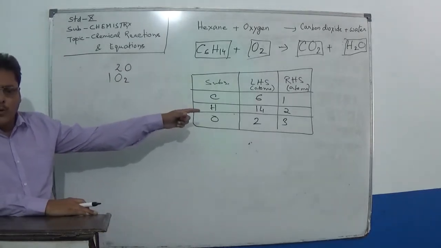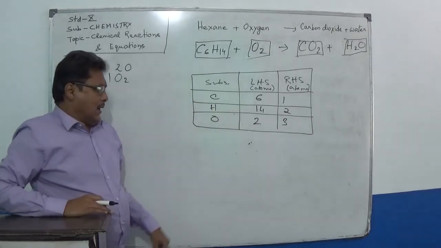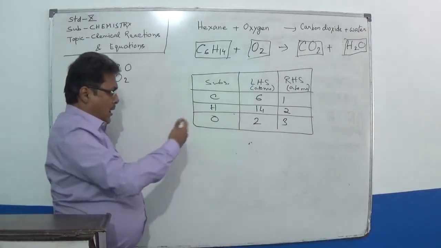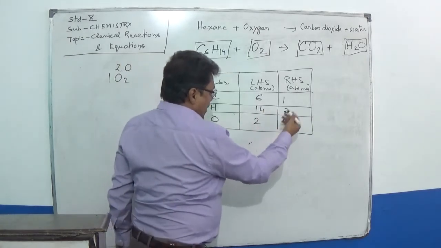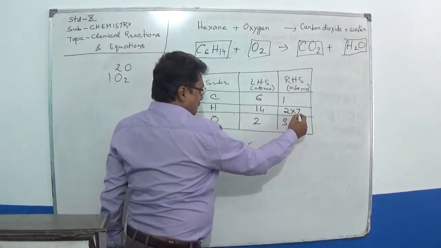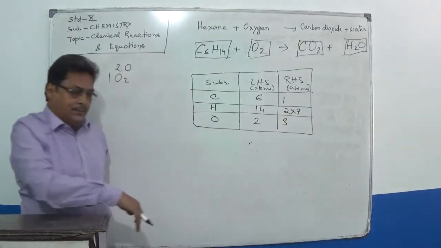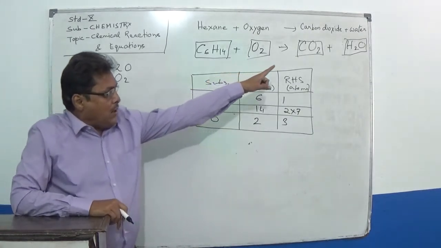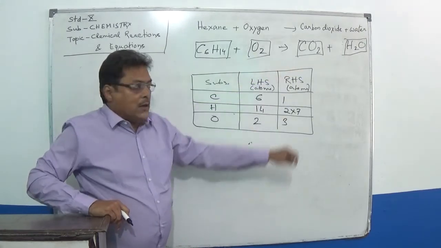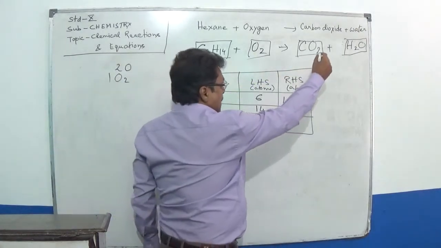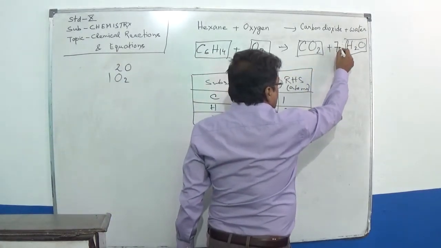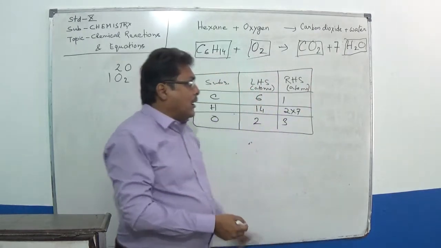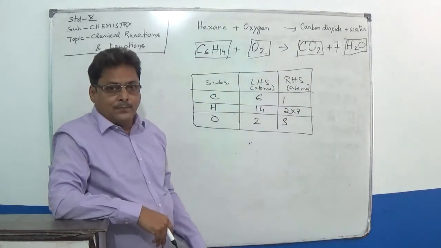We'll start as a convention with the largest number of atoms, that is 14 hydrogen. Let's multiply it with 7. Now what happens is that there is only 1 product with hydrogen, so we must multiply this molecule of water with 7.